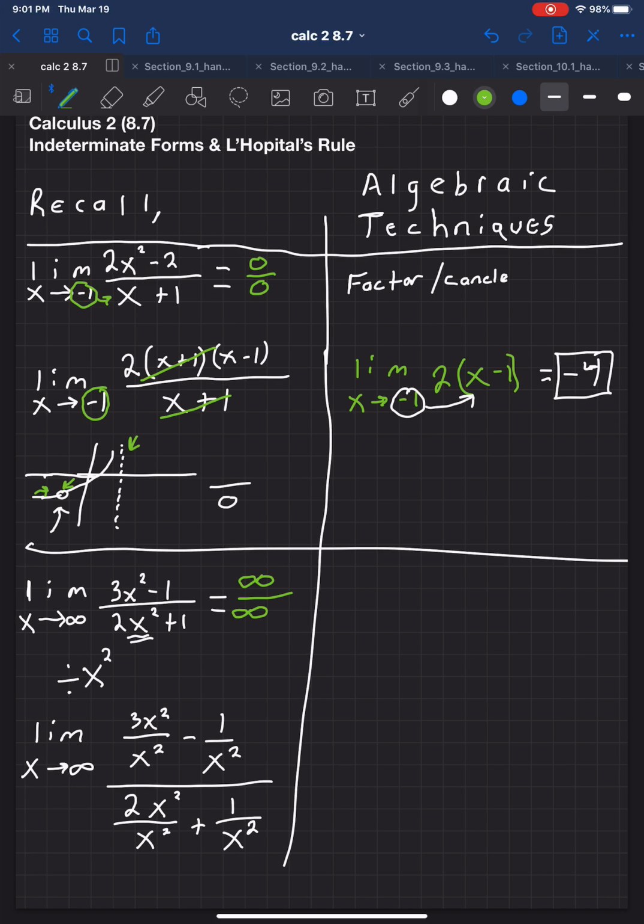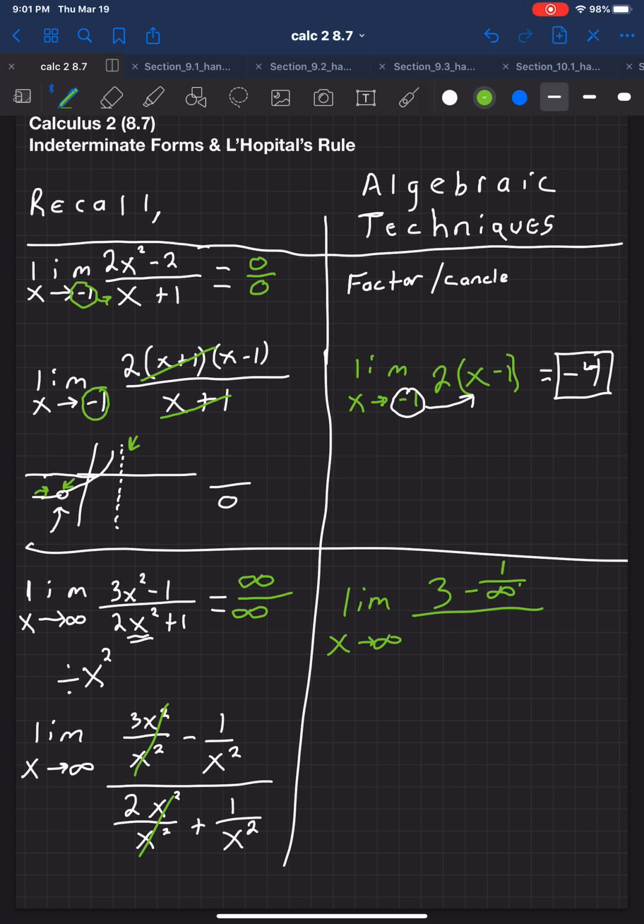All right. Now, we have a little bit of reducing and simplifying that we can do. These x squareds are going to cancel, as are these. So that leaves me with 3 minus, well, let's think about this. I'm going to go ahead and put this infinity in there for x.